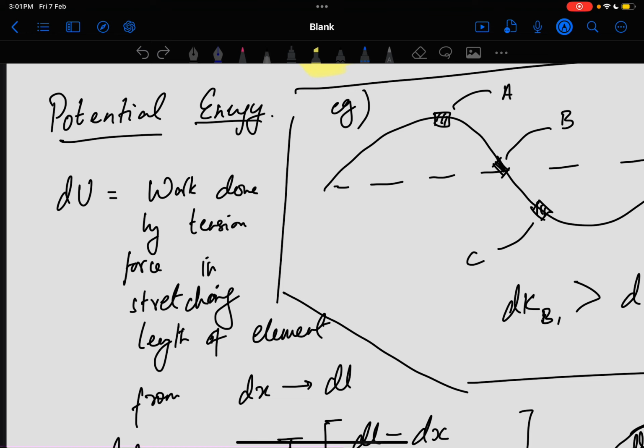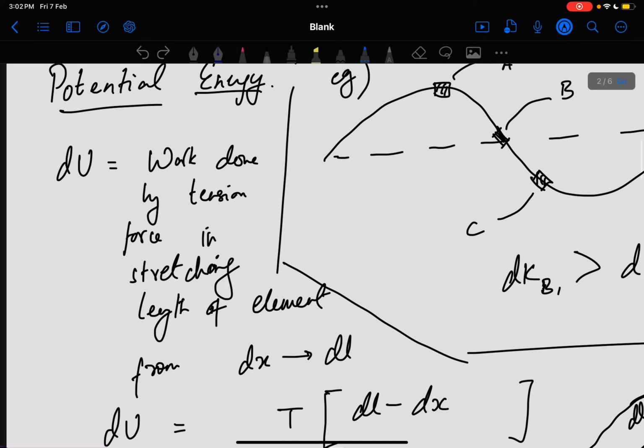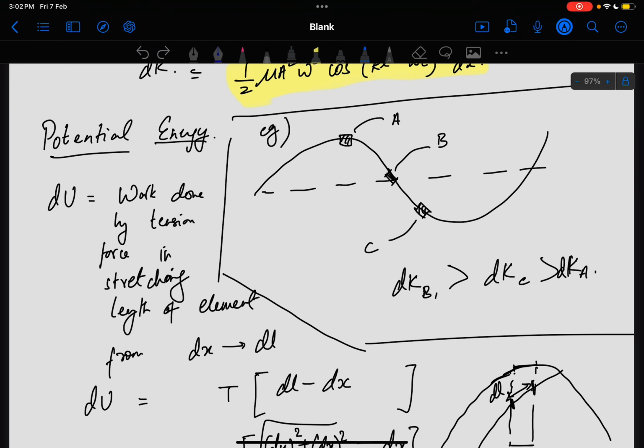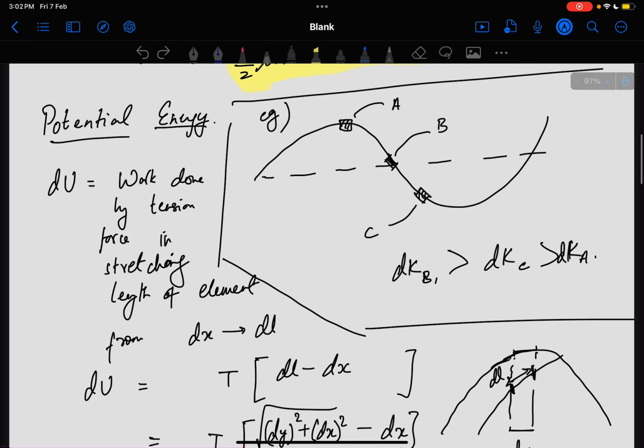The work done by the tension force in elongating the string from dx to dl is getting stored as the potential energy, similar to how the work done by an external force causes an extension in a spring, and whatever work is done gets stored in that spring as the spring's potential energy. In the same way over here.